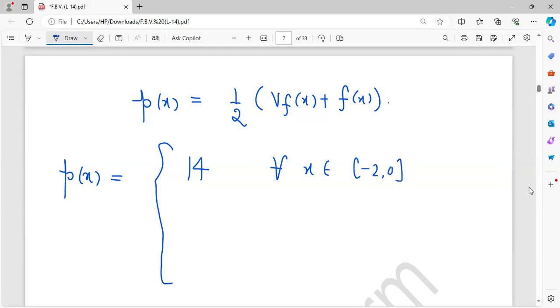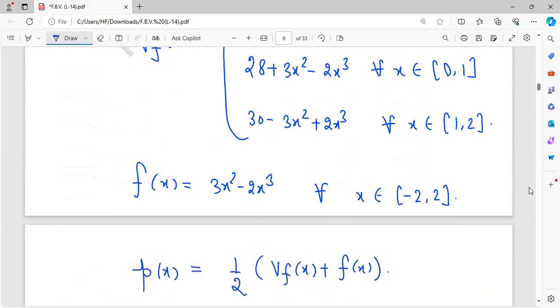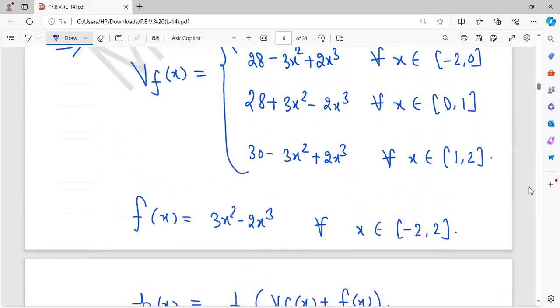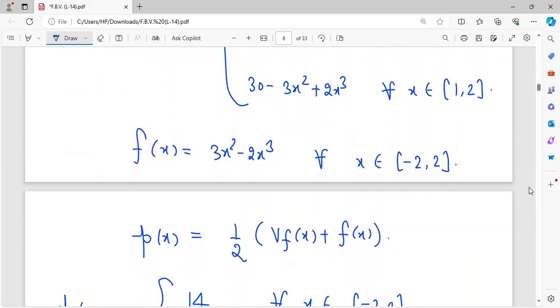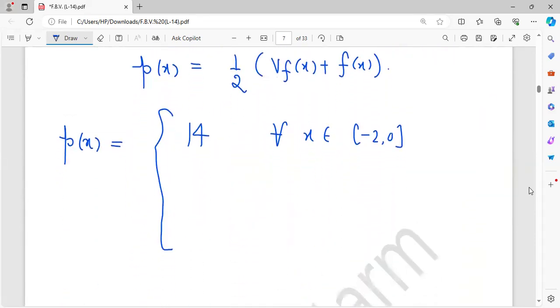Now, what about on the interval 0, 1? You will add this, so you will get 14 plus 3x square minus 2x cube for all x belongs to 0 to 1.